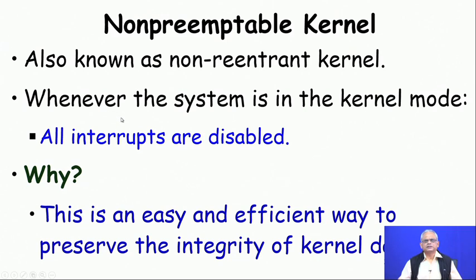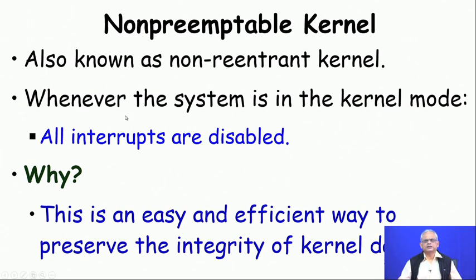The main reason is that it is an efficient way to preserve the integrity of the kernel data structure. Of course, we are talking of Unix 5, and the later versions of Unix and Windows and Linux did make the kernel preemptable.